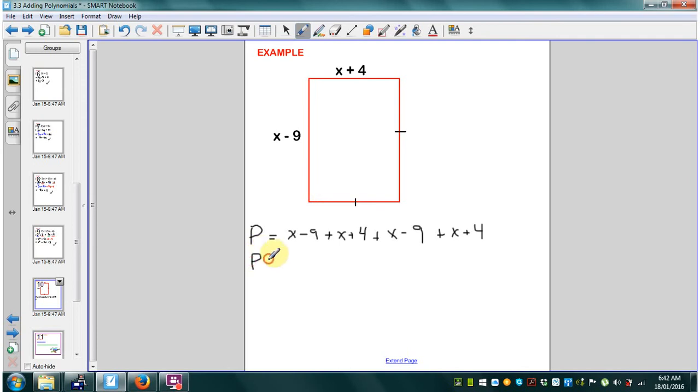So perimeter equals. Now I'm going to group my like terms. So I'm going to get my blue out. I'm going to group together all my x terms. So we have an x plus an x plus another x plus another x.